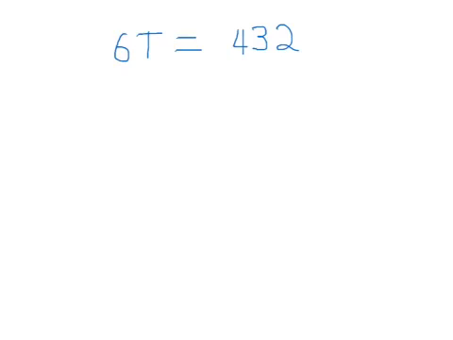Here's a different situation. I have 6 times some number gives me 432. Okay? So the way we're going to resolve this is we're going to think about it: 432 has to be 6 times some number. So to try to figure out what that number is, we're going to divide this by 6 and we're going to divide this by 6.